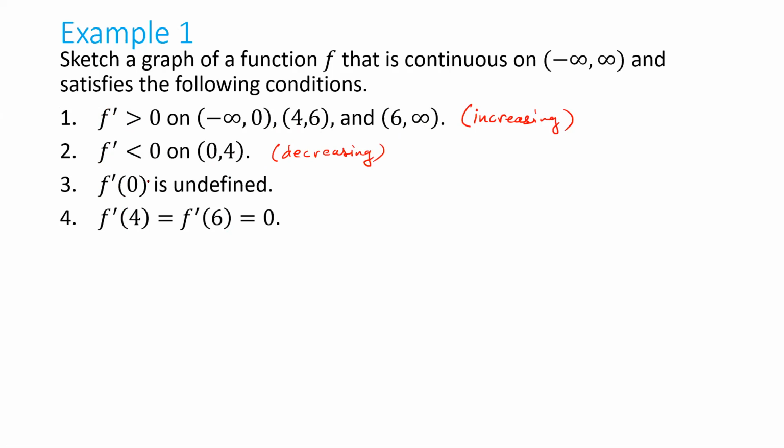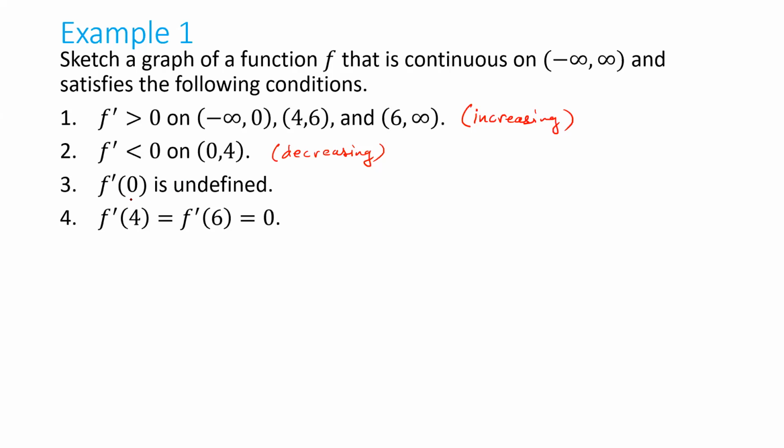What does it mean for f prime of 0 to be undefined? Can you guys interpret what that means there? But does that mean there's a vertical asymptote? It could be, but I don't think that's necessarily what it means.